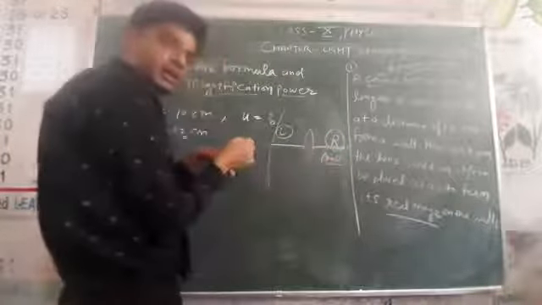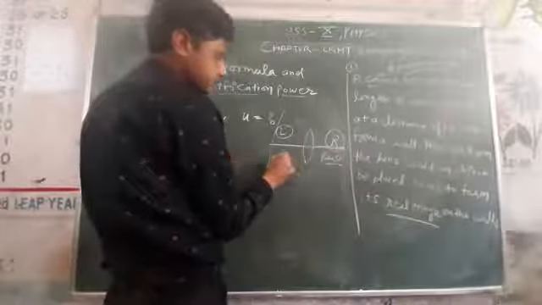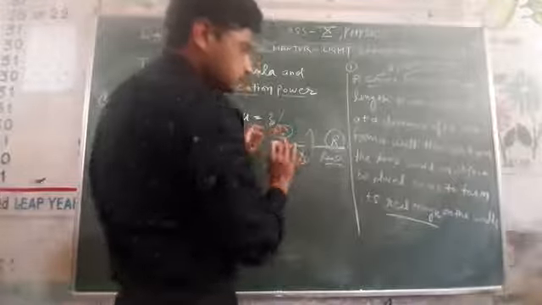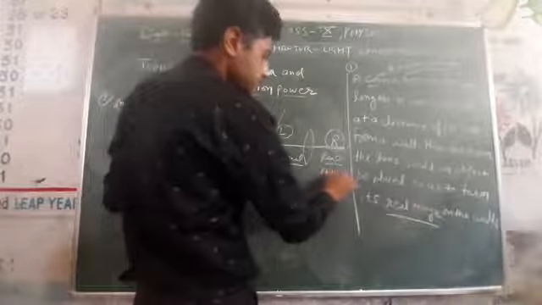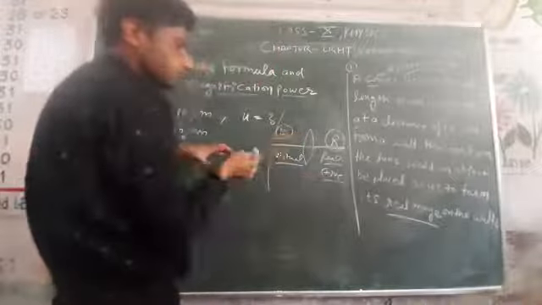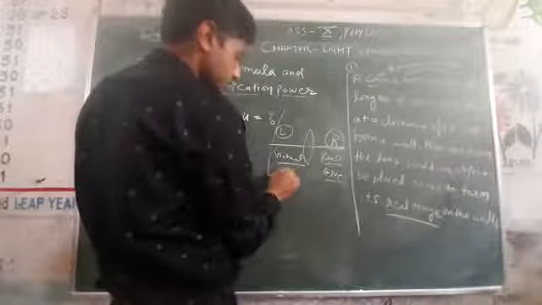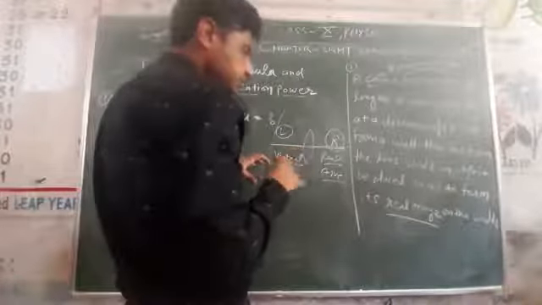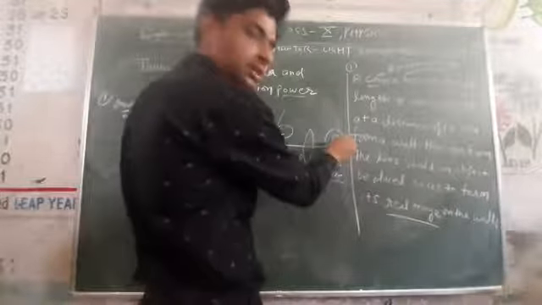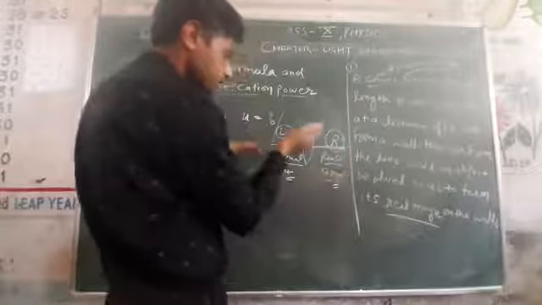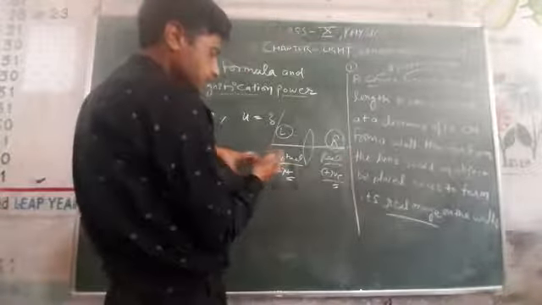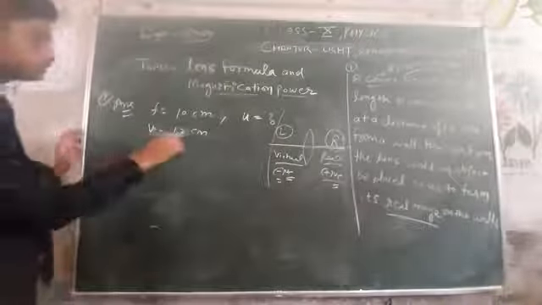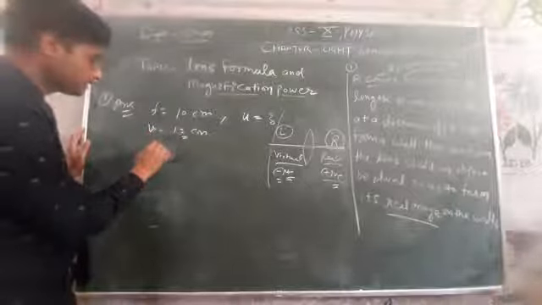If the image is obtained in front of the lens, then it is virtual. The distance measured towards right is positive, and the distance measured towards left is negative. So v is also positive. We have to find the value of u.